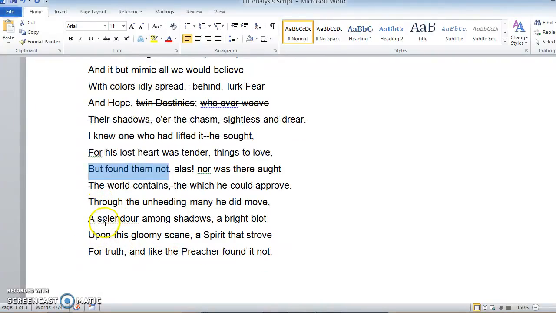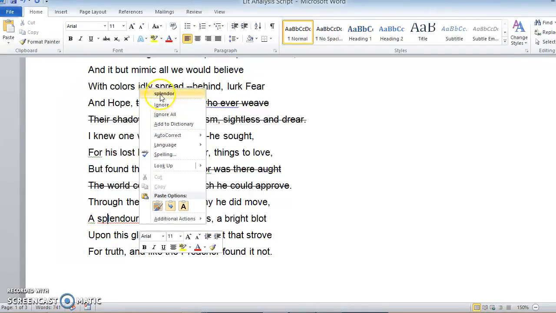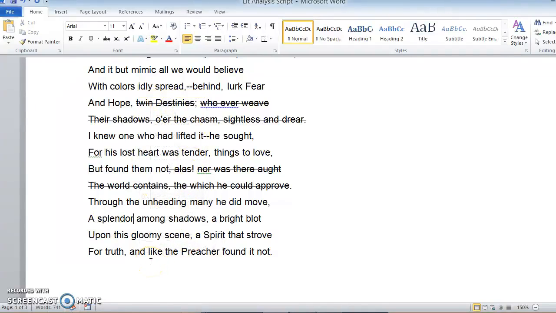Splendor is again the British spelling, the OU instead of just the O. He didn't find truth either. He was looking for love. He was looking for truth. And he lifted that veil, and he was disappointed.